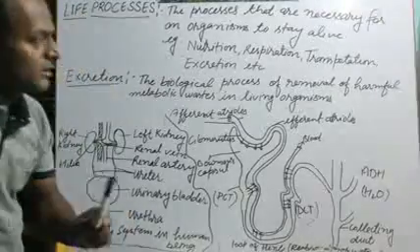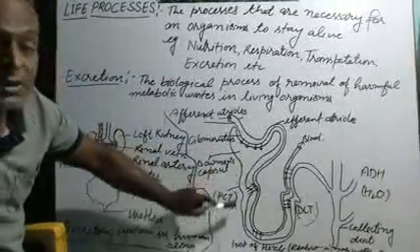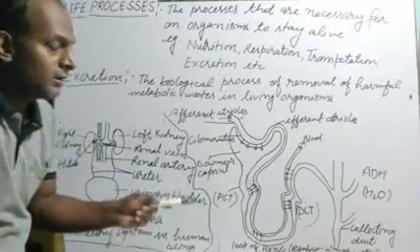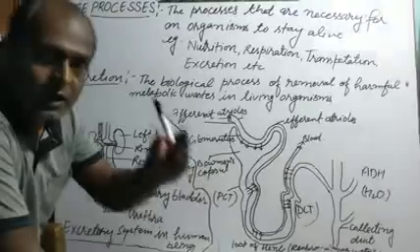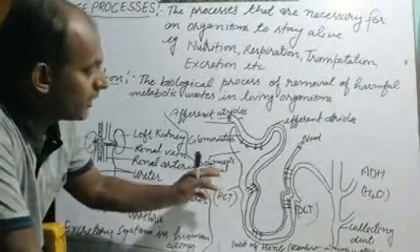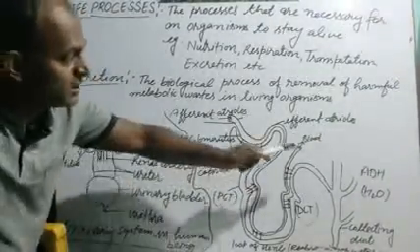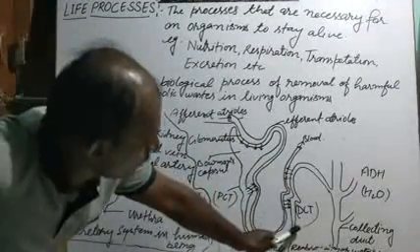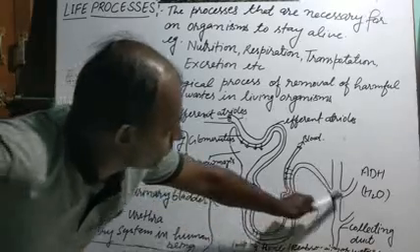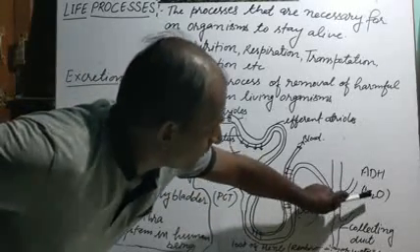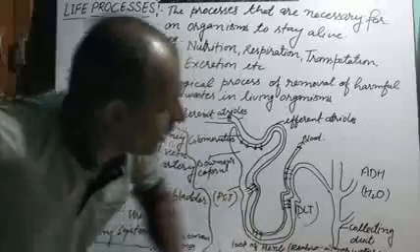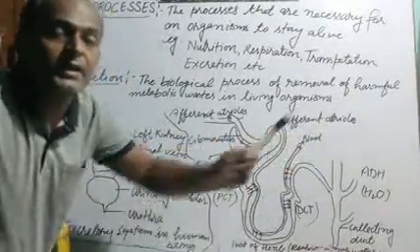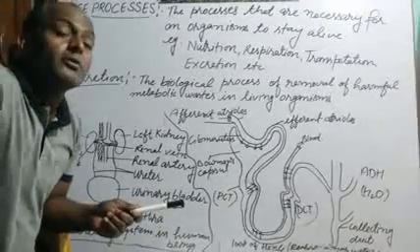What happens in the summer season? Definitely there is sweating. At that time the amount of water in the body is low, due to which ADH starts to release from the kidney, and when the urine passes through this portion, ADH absorbs the extra amount of water and sends it again into the blood to maintain the concentration of water in the body.